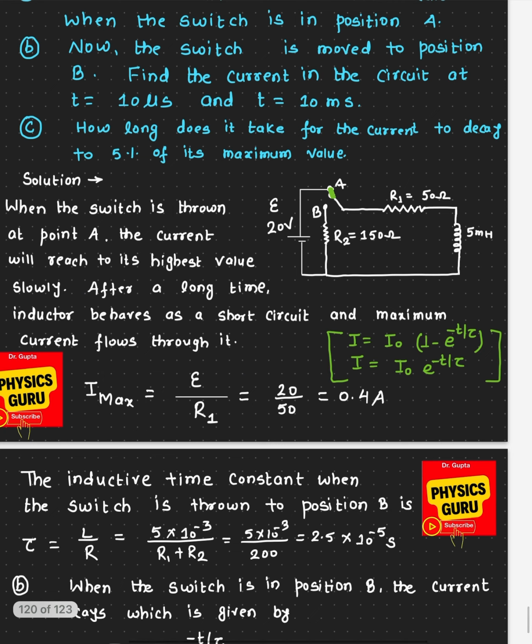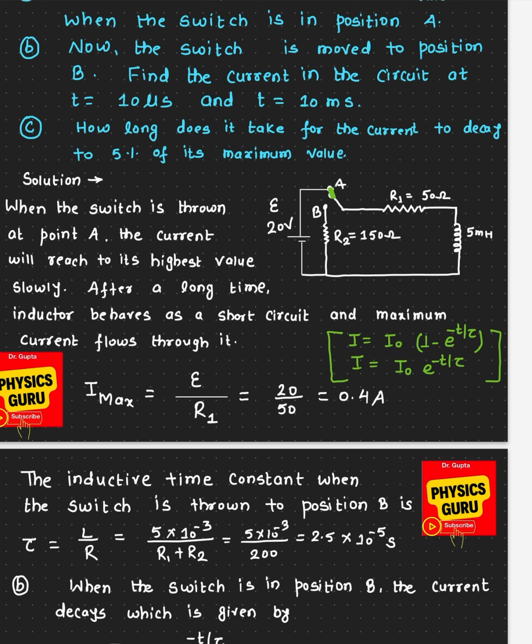When the switch is in position A for a long period of time, that's the circuit. Forget about B, don't think of B at all. There is no R2 component because it is disconnected.